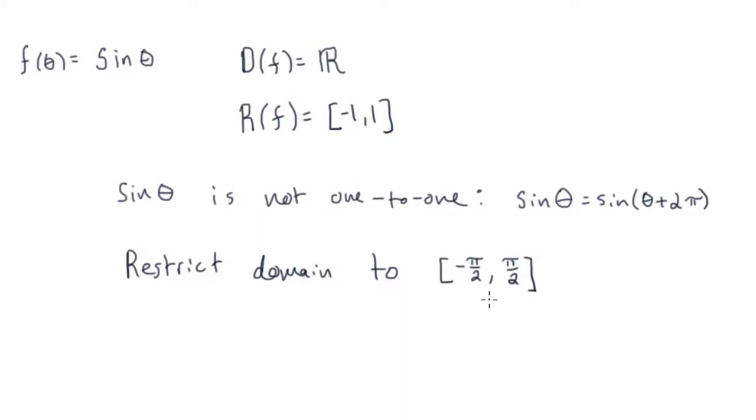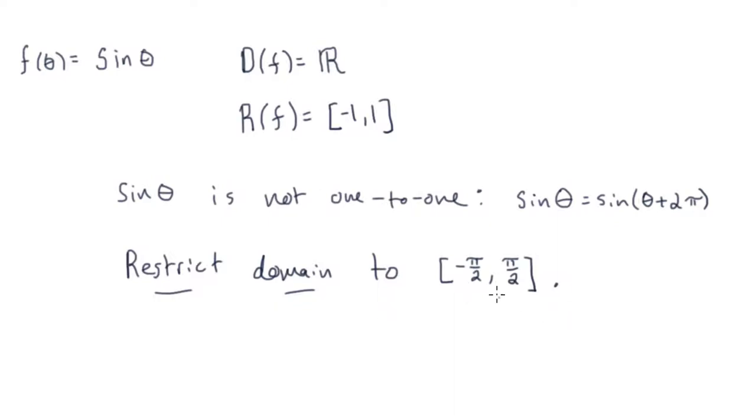A lot of things we'll see from algebra are just conventional. We just want to think about it that way because then we have a kind of consistent way to work on problems. Okay, so on this domain, sine is 1 to 1. And if you want to see why, just look back at the unit circle. As the angle goes from -pi/2 to pi/2, we're getting a unique y-coordinate as we move from those two angles.